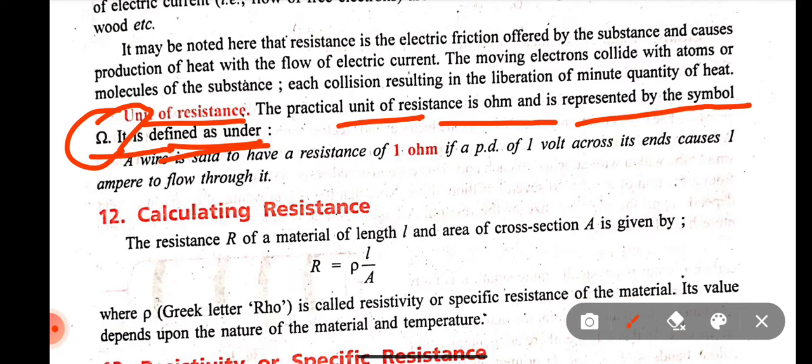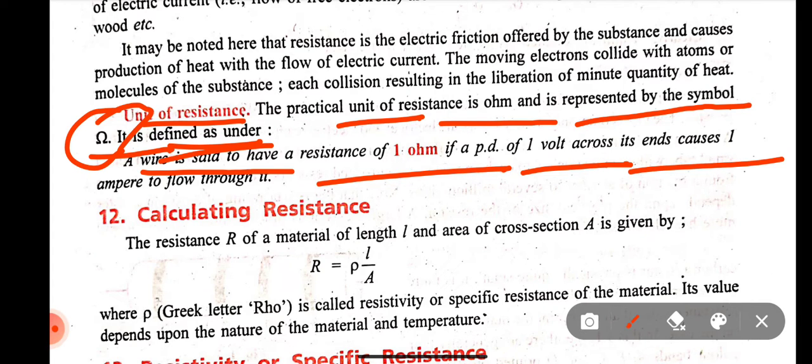It is defined thus: a wire is said to have a resistance of 1 ohm if a potential difference of 1 volt across its ends causes 1 ampere of current to flow through it.